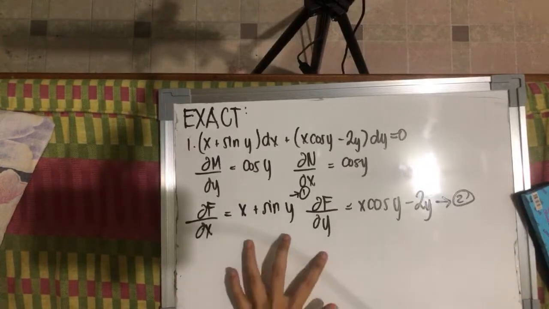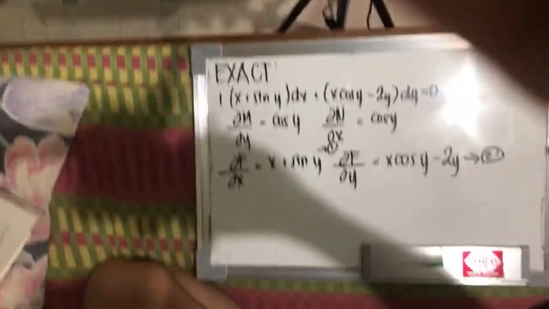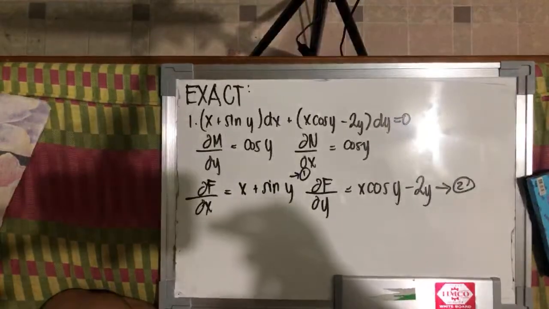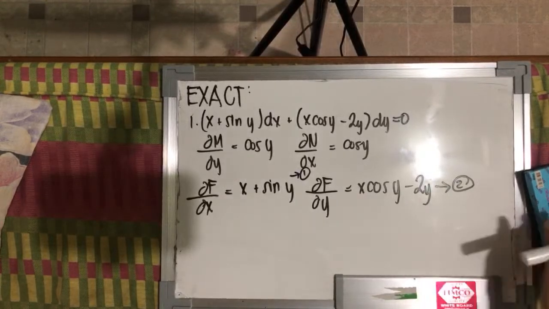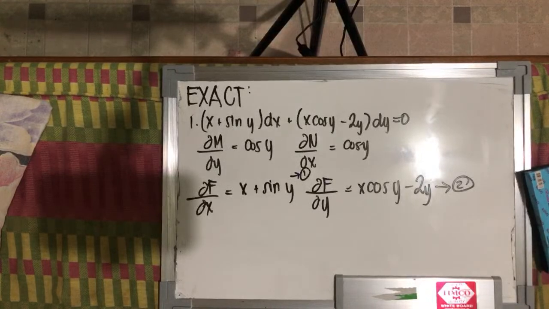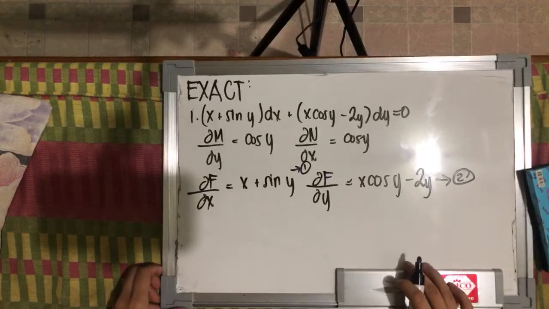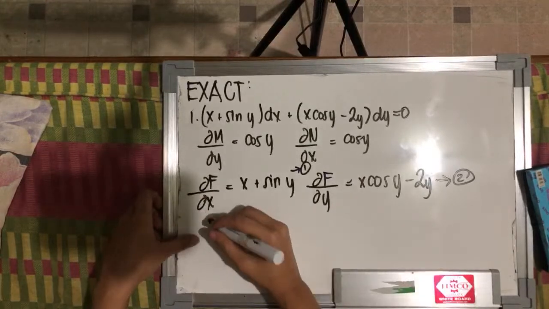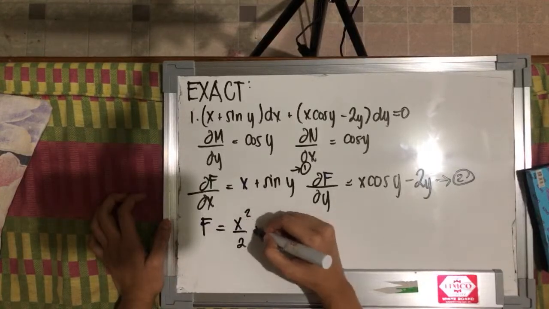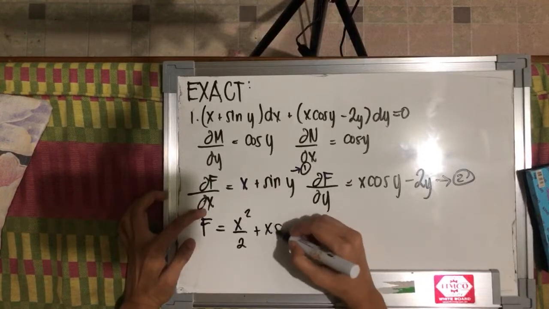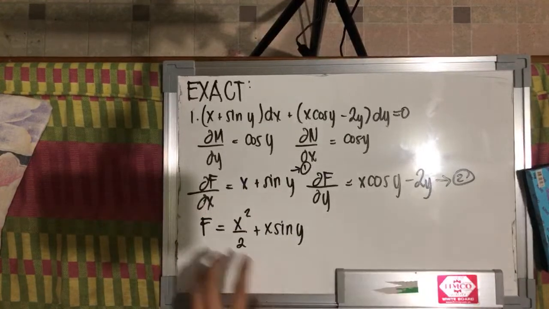So, mas gusto kong i-simplify yung. So, tuloy na natin siya. Sorry guys, napuputol. So, integrate ko tong equation 1. So, magiging f is equal to x squared over 2 plus x sin y. Kasi with respect to x.